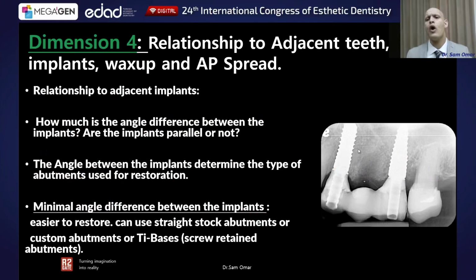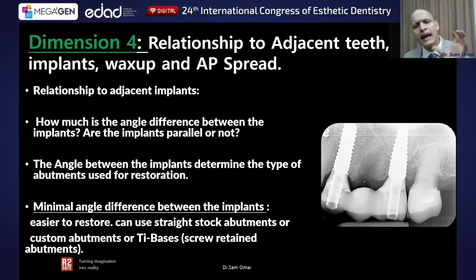So what we need to consider is the relationship of the adjacent implants. If I'm planning 2 implants, how much is the angle difference between the implants? Are the implants parallel or are they not? The angle between the implants determines the type of abutments that will be used for the restoration.